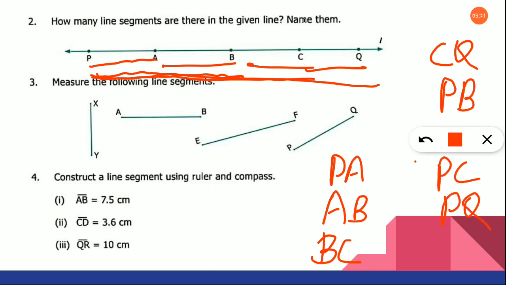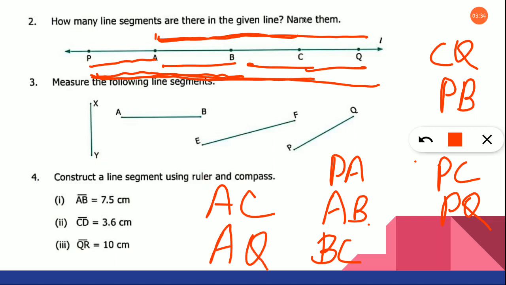Next, AB we have already drawn. So A and C is another combination. AC is another line segment and AQ is another line segment. Now tell me which other pair is missing. Also we can call BQ one line segment because that is not repeated here.